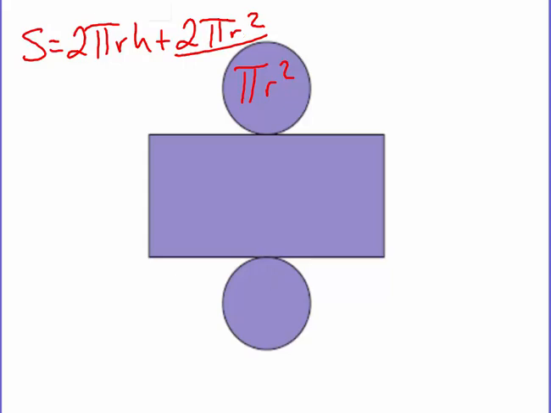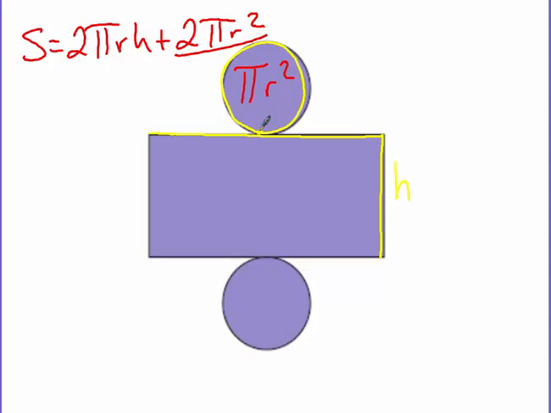Now what about the rest of this barrel in the middle? Well, I'm hoping that the height is pretty evident. The height is the distance between the two bases, which would be the distance between those circles. Now, if you really pay close attention, this distance right here, if I were to take this circle and fold it forward, the length of the rectangle would be the same thing as the perimeter of this circle, or the circumference of that circle.